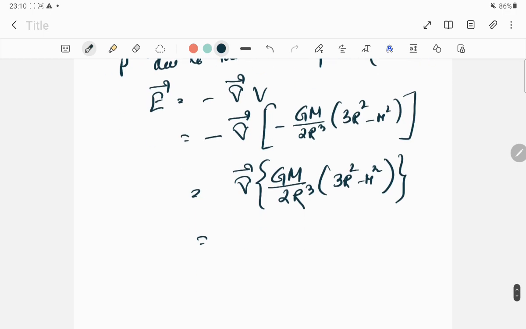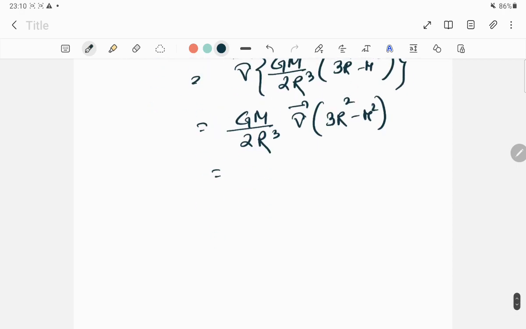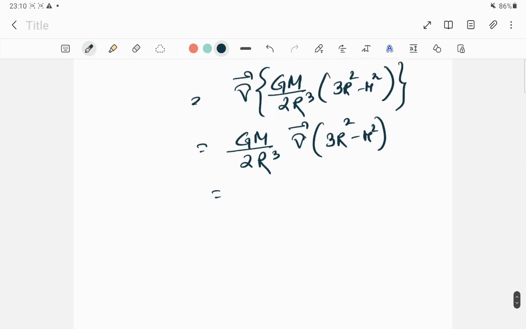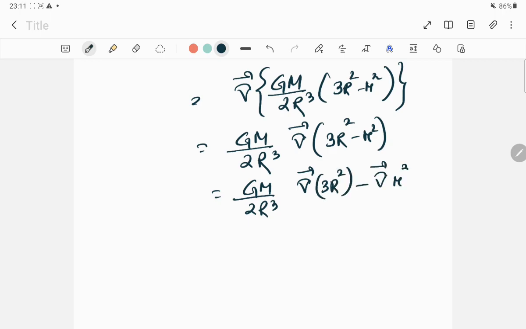If you simplify further, GM by 2R cube nabla vector 3R square minus nabla vector r square.